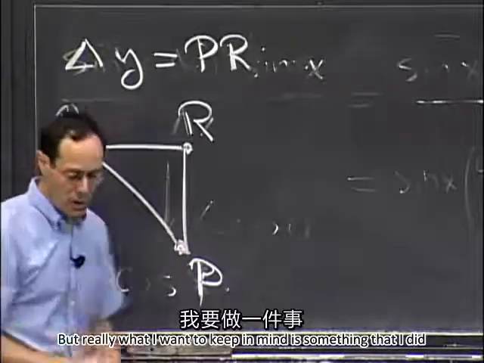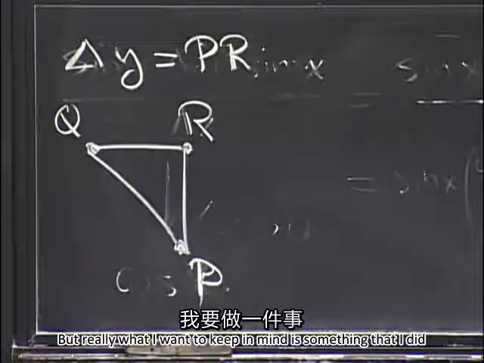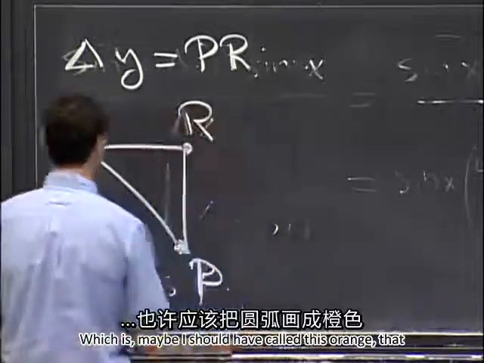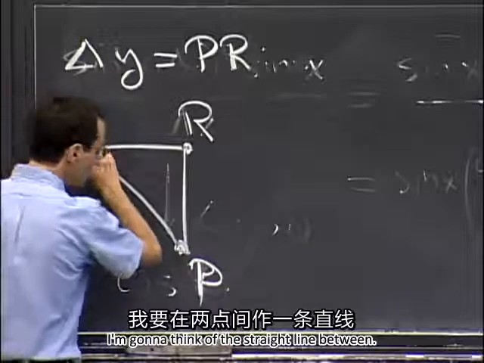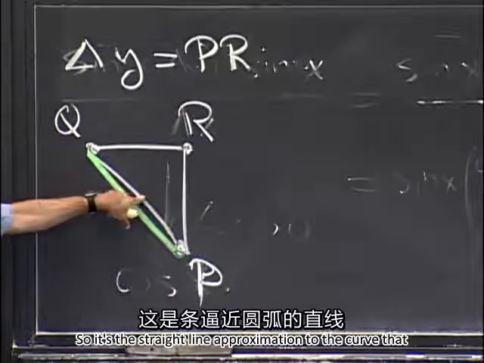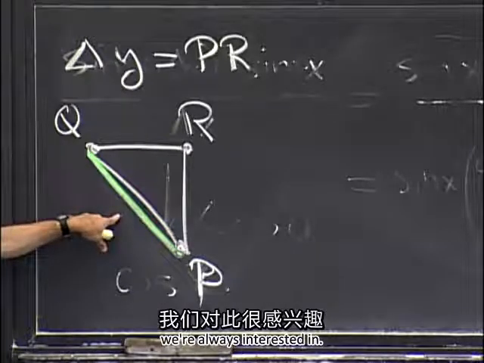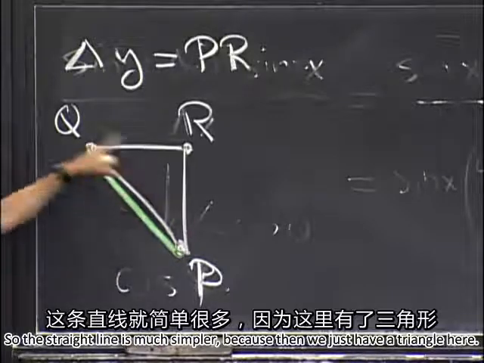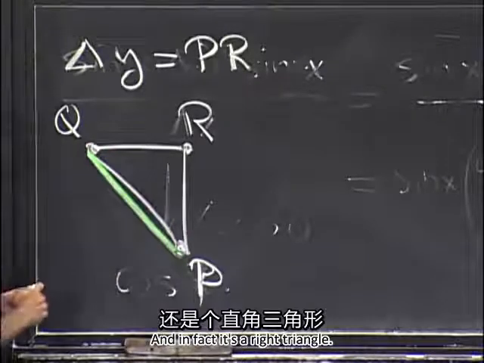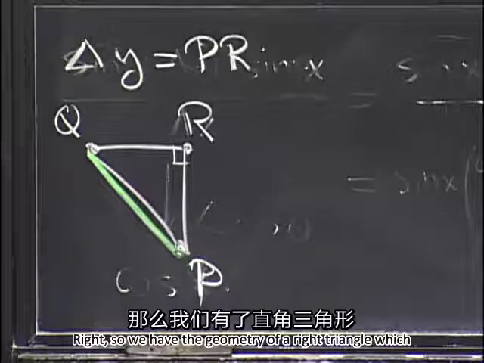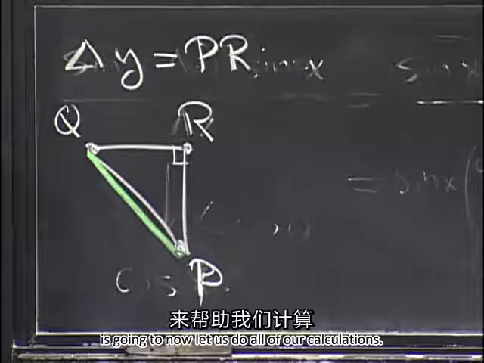But really, what I want to keep in mind is something that I did also in all these other arguments, which is, maybe I should have called this orange, but I'm going to think of this straight line between. So it's the straight line approximation to the curve that we're always interested in. So the straight line is much simpler because then we just have a triangle here, and in fact, it's a right triangle.